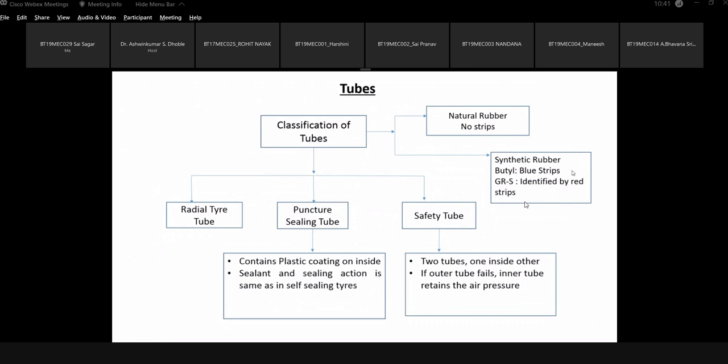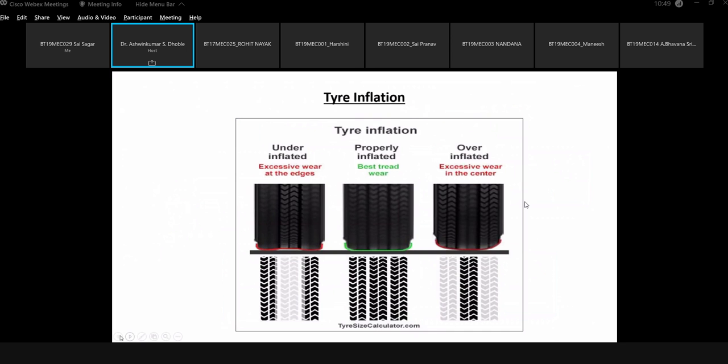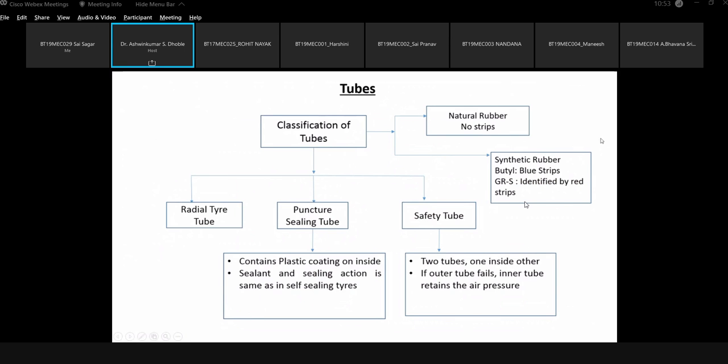Yeah. So today we will discuss the tubes. Yesterday we saw the balancing of the tire and the tire wear. Now today we will be discussing the tubes. So basically, classification of a tube: we have the radial tire tube, then the puncture sealing tube, then the safety tube.